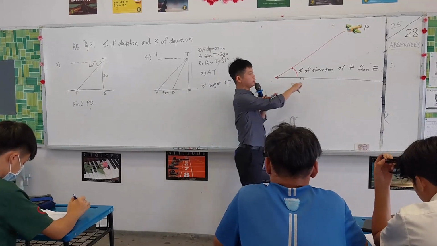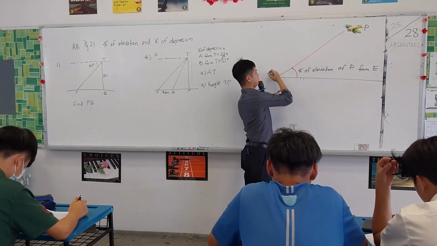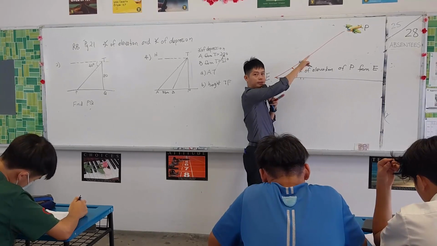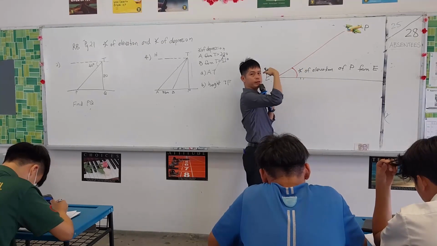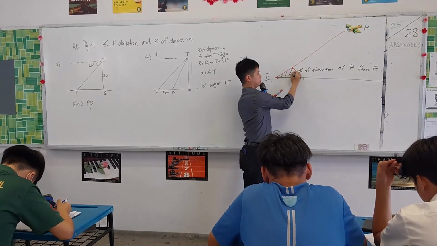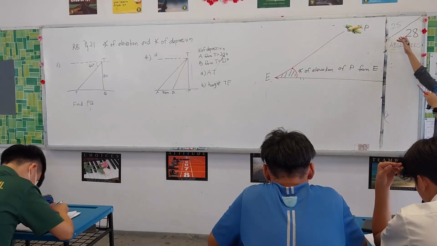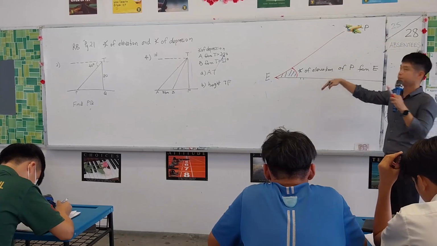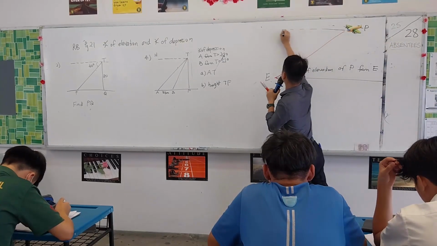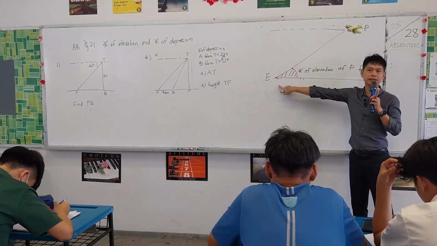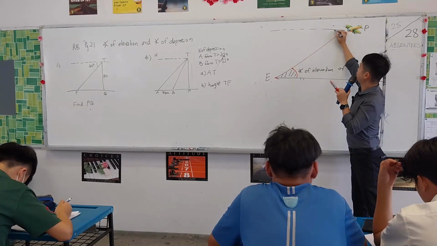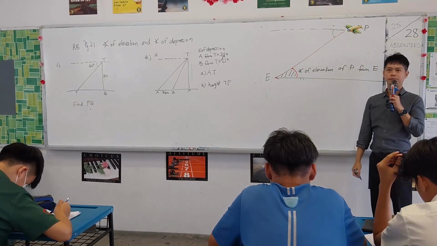The angle of elevation of my eyes to the aeroplane, that means the angle of elevation of P from E, will be this angle here. Imagine that I am now in the aeroplane and I'm going to look down at E. So what is this angle here?